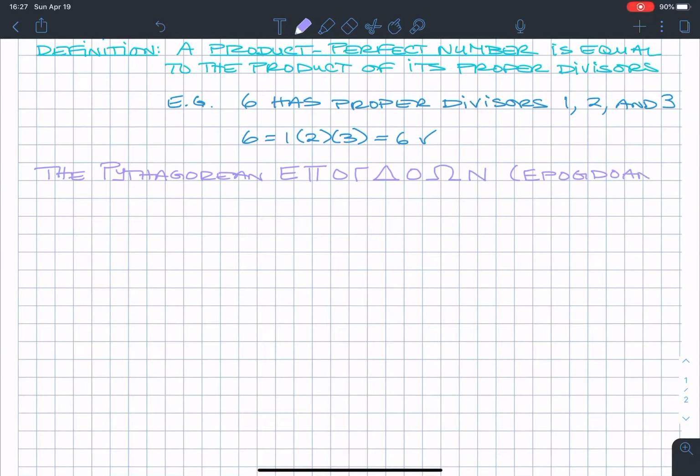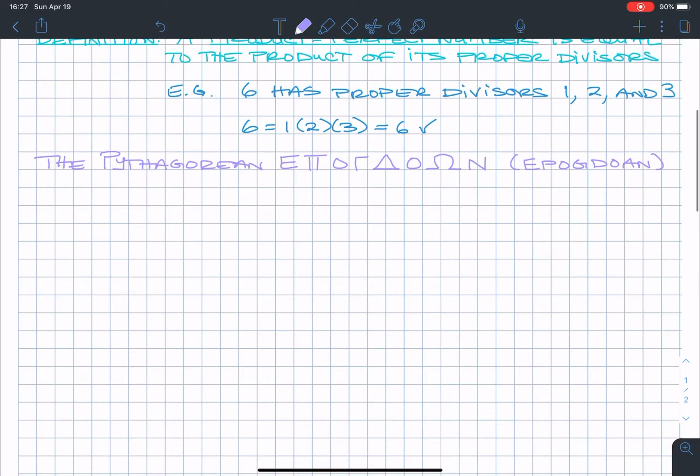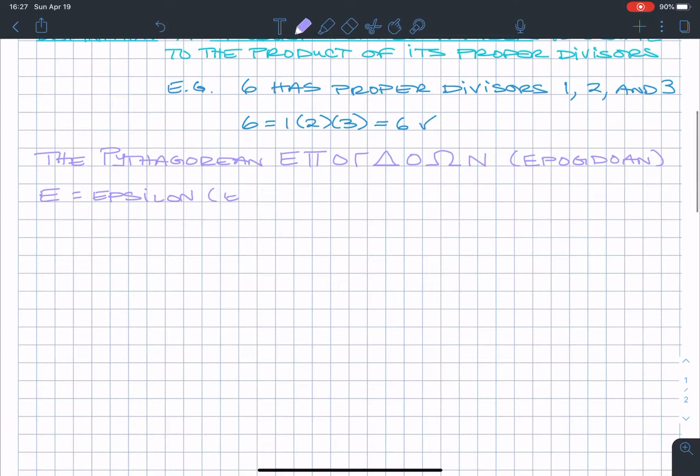Epsilon in English. So we have capital E for epsilon. So in English, that's E. And then we have capital pi. So that's pi. In Greek is P in English.